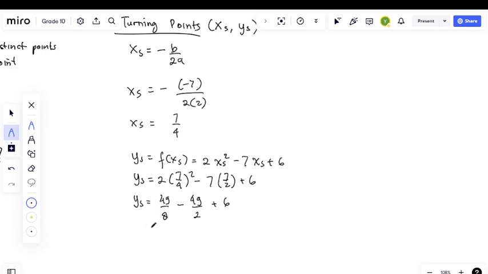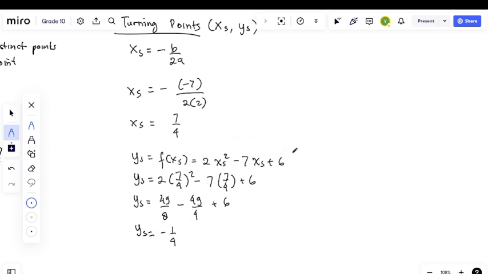Then you start to solve this. Oops, sorry guys, this is over 4. My bad. Okay, so when you solve this, it's going to be negative 1 over 8.